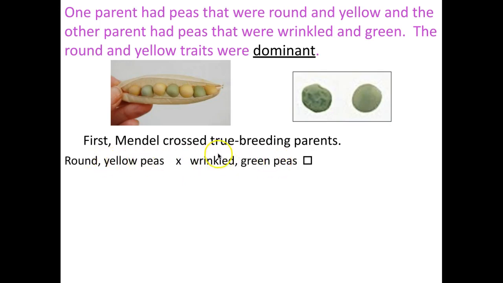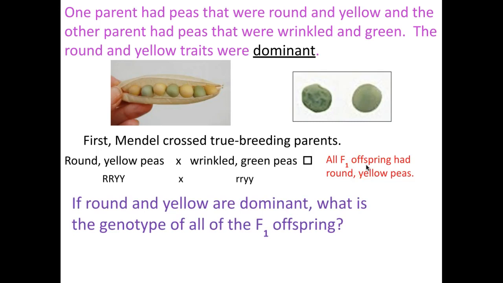Round yellow peas with wrinkled green peas. Remember, these are the dominant trait, the round yellow. And what he assigned for the allele combinations were big R, big R, big Y, big Y, so homozygous dominant for both traits, and then homozygous recessive for both traits. And he knew that all F1 offspring had round yellow peas.